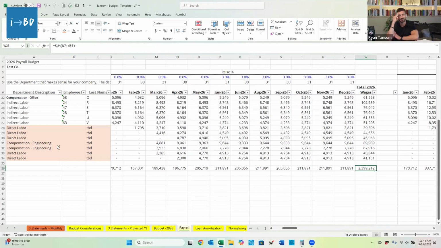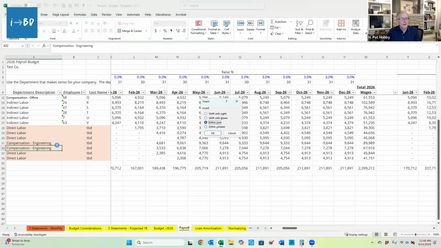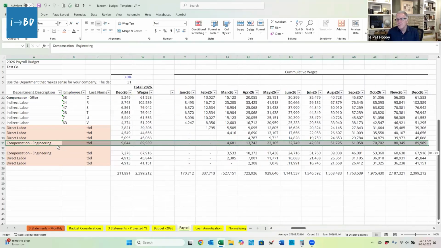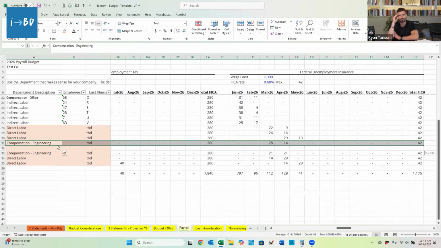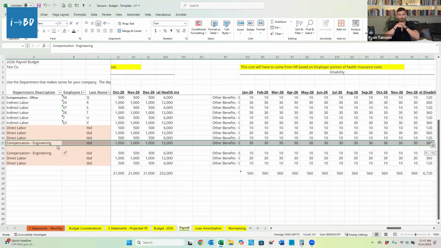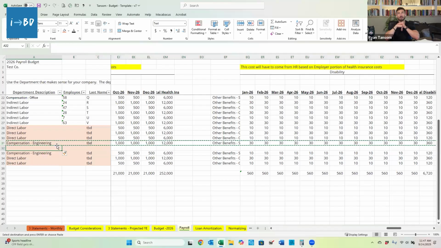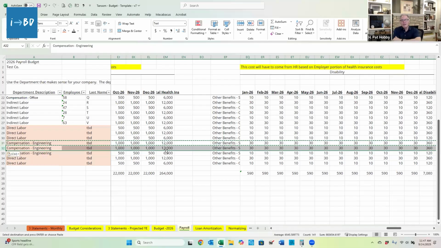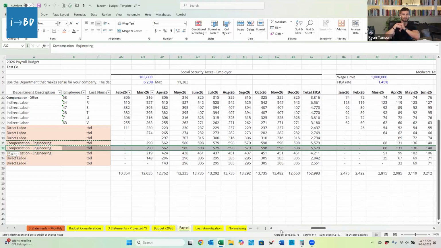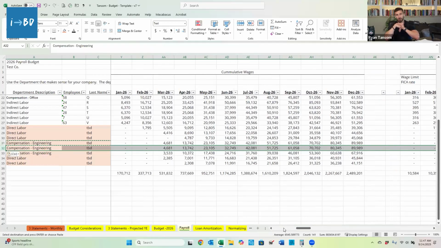If you come in here and add one, if I added a whole other person for engineering, this is why, as you're doing this, the CFO is guiding these conversations. The conversation is, hey, we're going to do $2 million in May of products and services, and operations says, well, I need another technician or another customer service rep if we're going to be handling that kind of volume, but we don't need to do that until May.